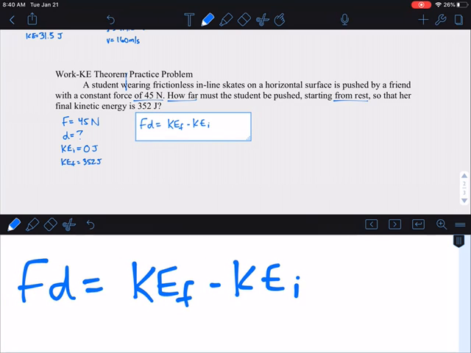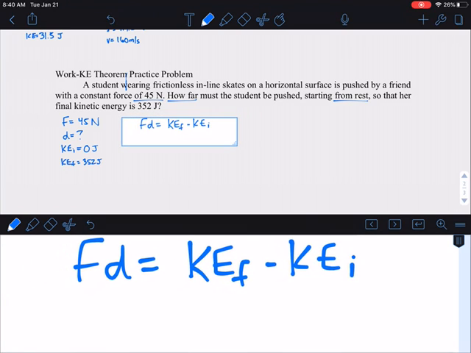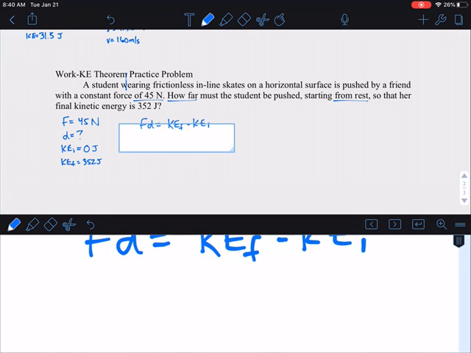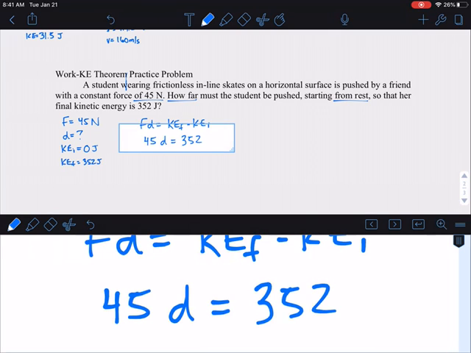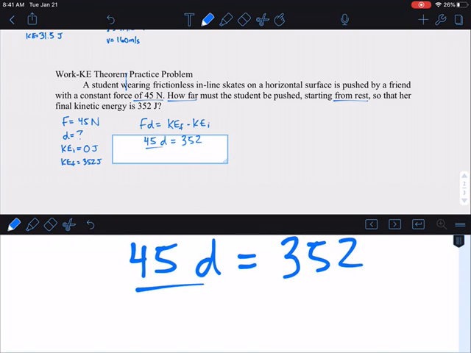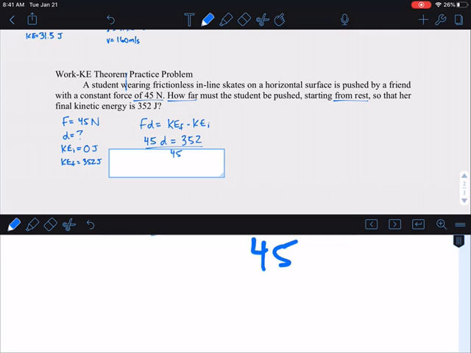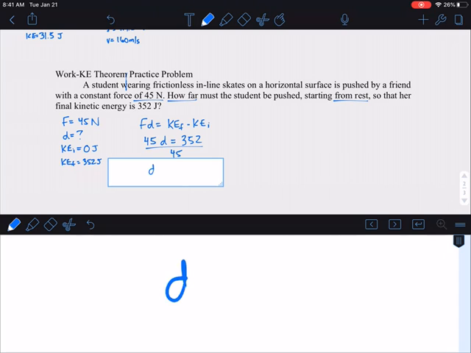The initial kinetic energy is 0, so all I'm left with is the final kinetic energy. I plug in 45 times displacement equals the final kinetic energy, which we were told is 352. So this problem ends up being really easy. Divide by 45, and we get a displacement of 7.822, so I'm just going to leave it at 7.8 meters.